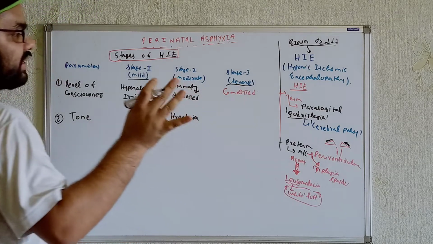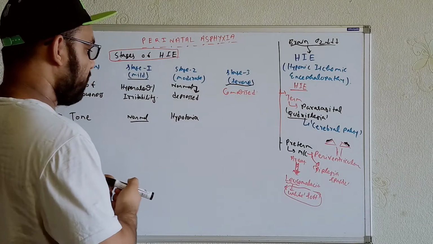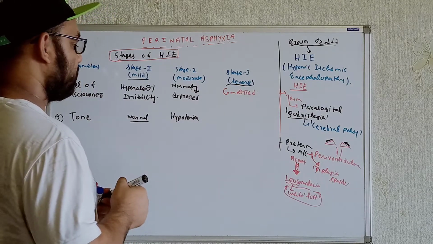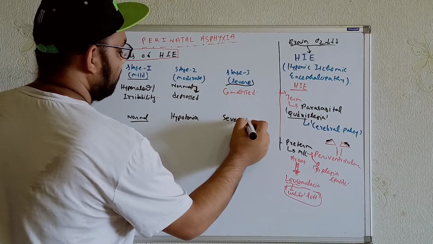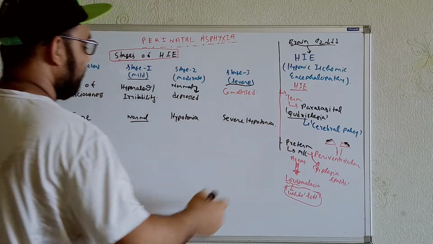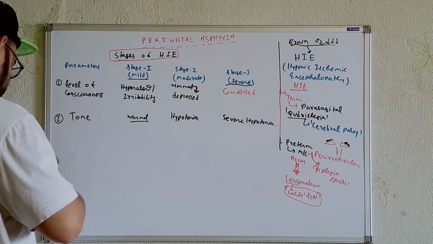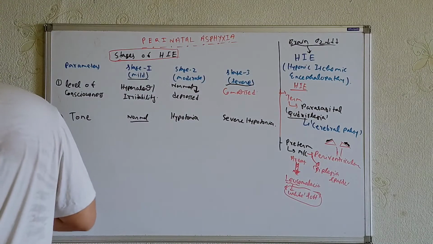As I already said, we will get quadriplegia and diplegia. That means there will be problems at the tone level, tone abnormalities. And in stage 3, we will get severe hypotonia. First normal, then mild hypotonia, and then severe hypotonia.